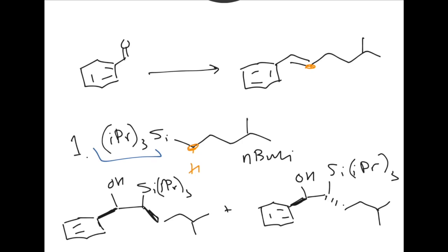Now, one of these, A or B, I would treat with a base to make the trans double bond, and the other one I would treat with acid. Which one gets treated with acid to make a trans double bond?